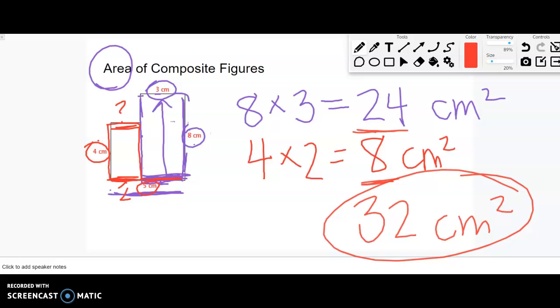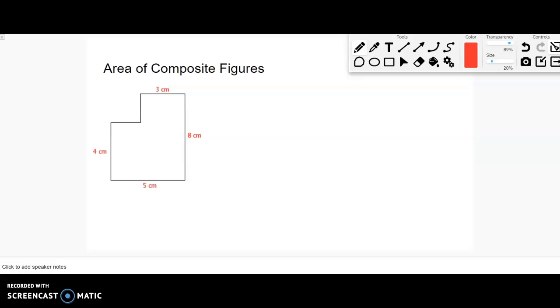The biggest thing I see is sometimes people do 5 times 4 and get 20 for one, and 3 times 8 to get 24 for the other one, or even 8 times 5 for the other one, and end up with some overlapping rectangles. Let me just show you something. If you didn't get that written down, go ahead, rewind it and get it written down. So if I did 4 times 5, that's this rectangle, right, which would be 20.